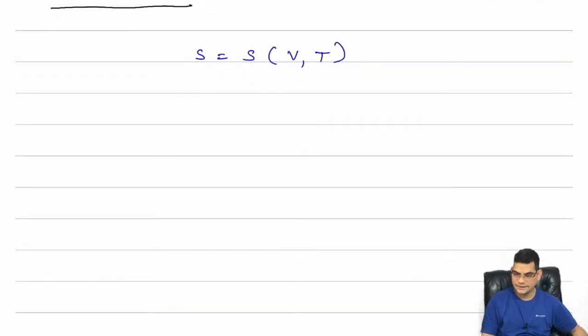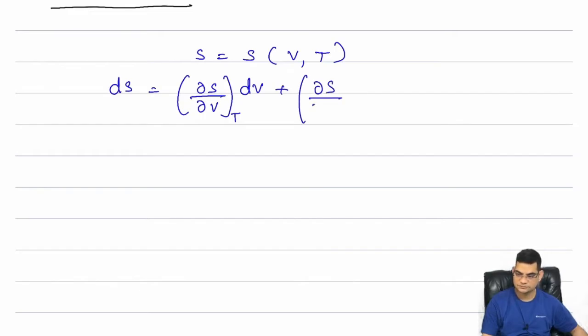Then dS is equal to partial differentiation of entropy with respect to volume at constant temperature into dV, plus partial differentiation of entropy with respect to temperature at constant volume into dT.